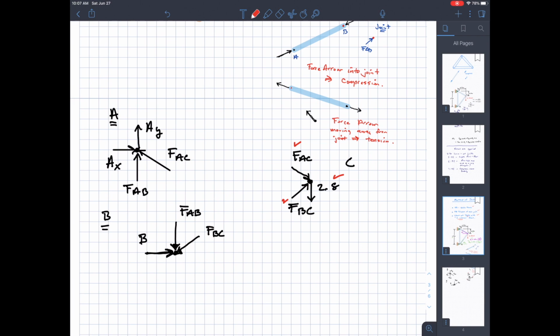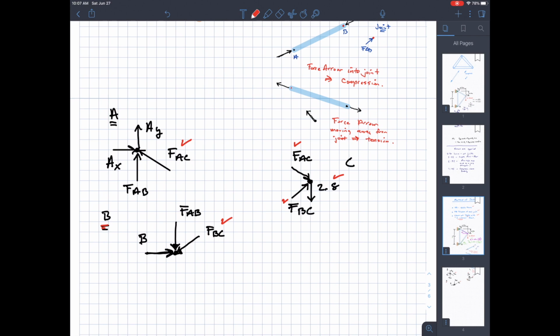Because at joint C, I can write two equations, two unknowns, that would let me solve for FAC and FBC. Once I know that, then I know FAC and I would know FBC. So from joint B, there's only two unknowns.